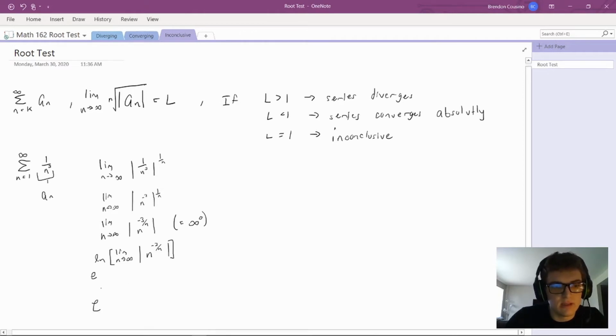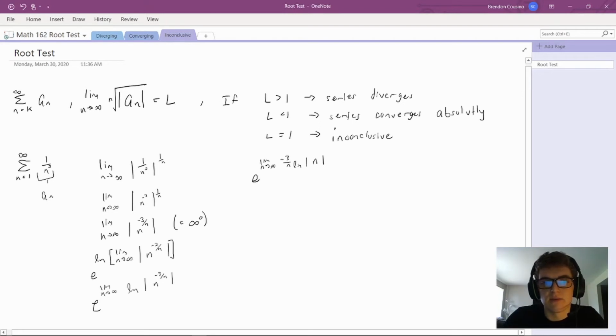So we have e to the limit as n approaches infinity of the ln of n to the negative 3 over n. Using our natural log rules, we can take our exponent and move it out front. That gives us e to the limit as n approaches infinity of negative 3 over n ln of n.